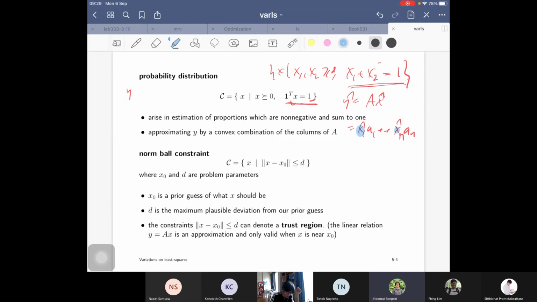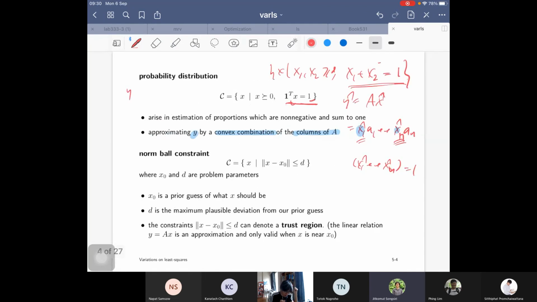So the meaning is that your y hat is going to be a convex combination of columns in A. Because if you have a weighted sum like this, and all the weights sum up to 1, this is called a convex combination.